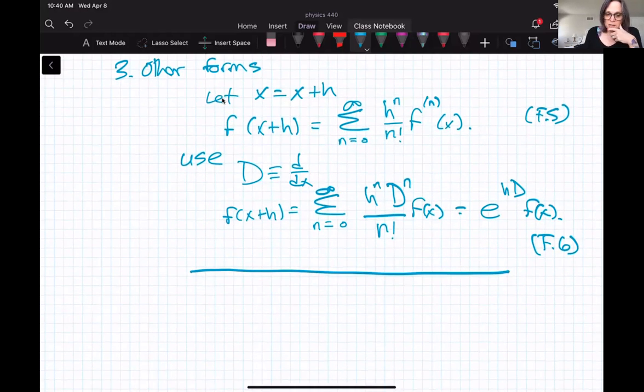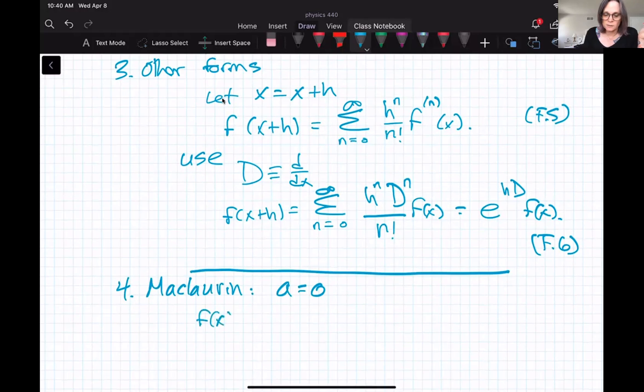The other thing I'll say before I get into some examples is the special case of the Maclaurin series. The Maclaurin series is when a is equal to 0, that is, we're expanding about x equals 0.